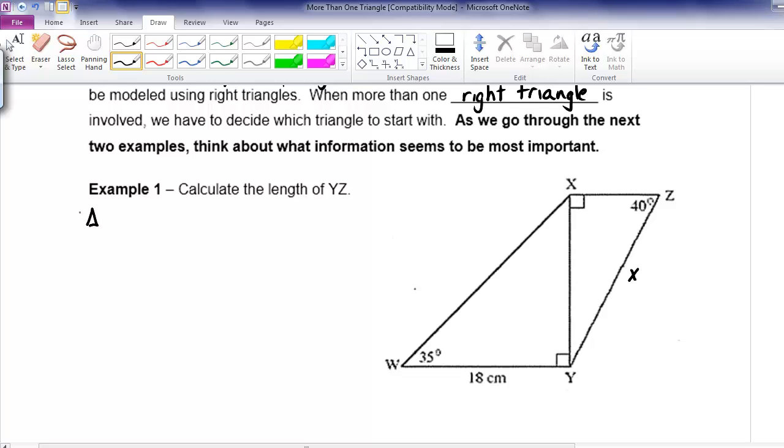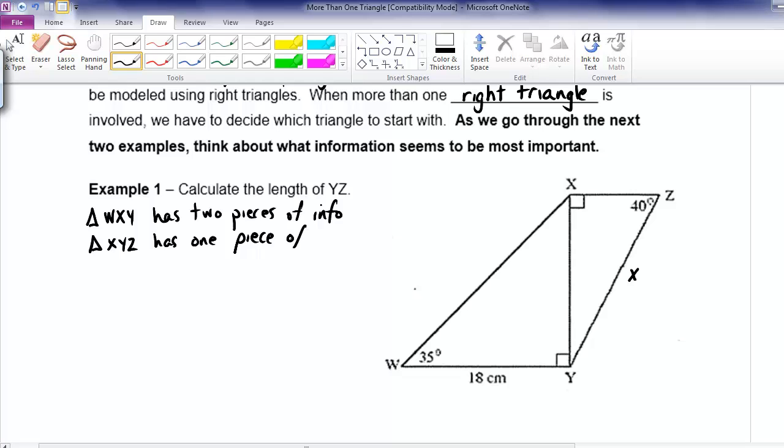What we should notice is that triangle WXY has two pieces of information, and triangle XYZ only has one piece of information.